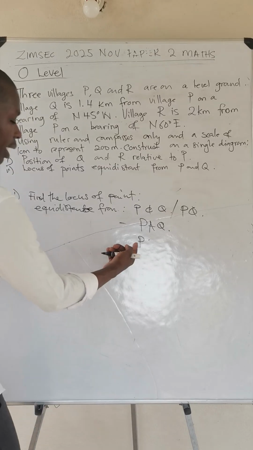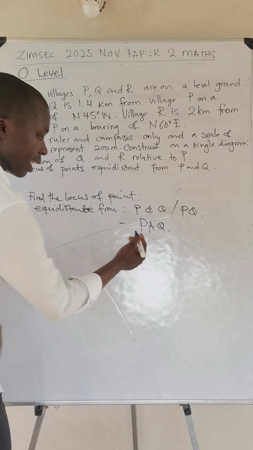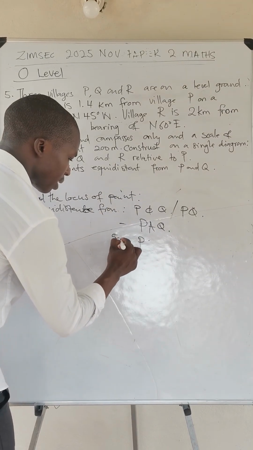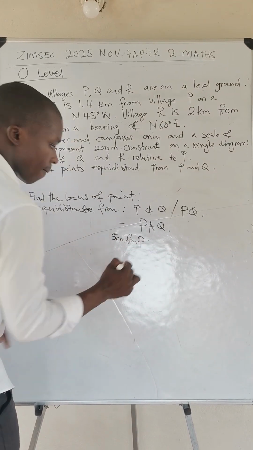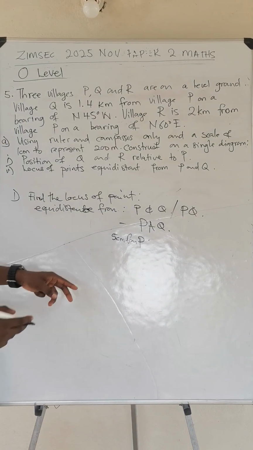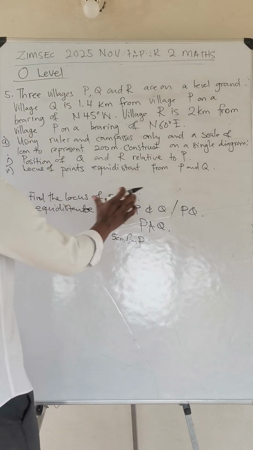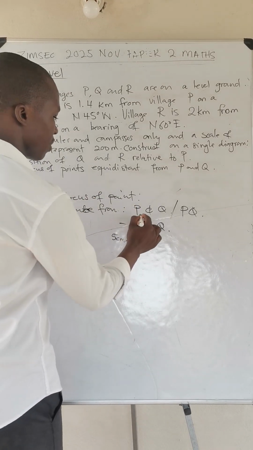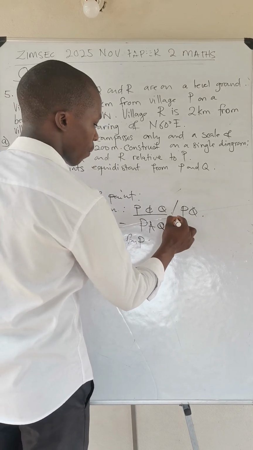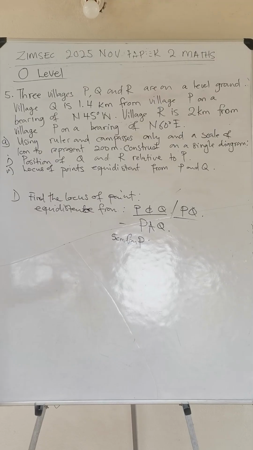Then here they can say 5 centimeters from P, or 2 centimeters from P, 3 centimeters from P, whatever. If they say find the locus of points equidistant from PQ, or from P and Q, what are they asking you to do?